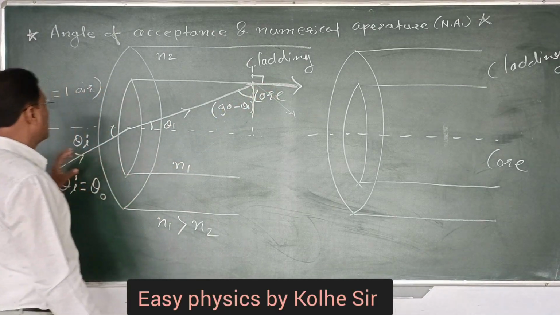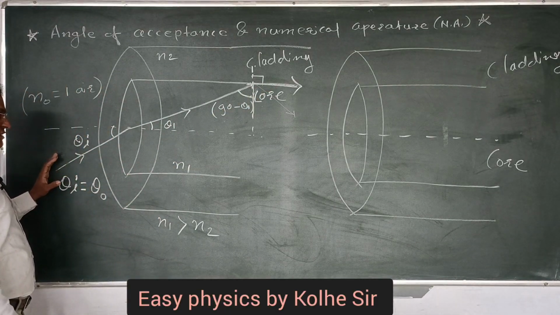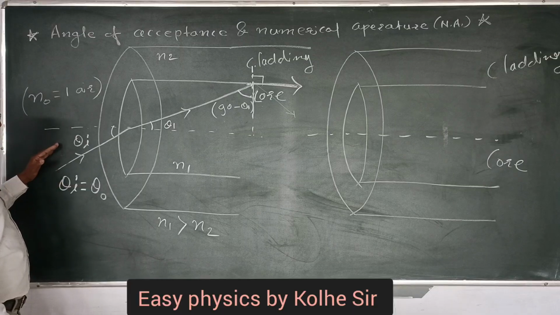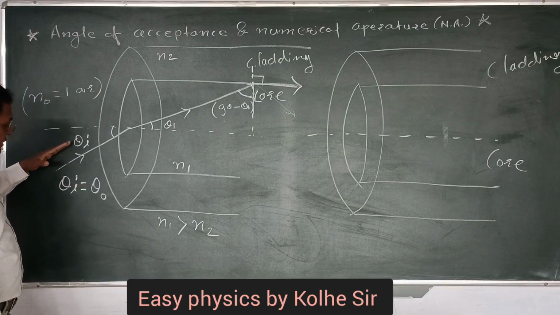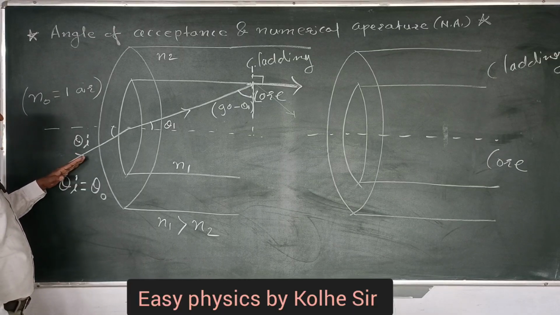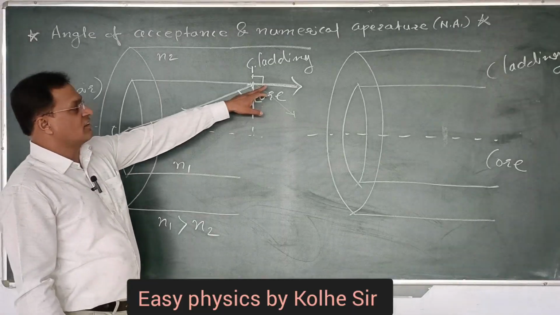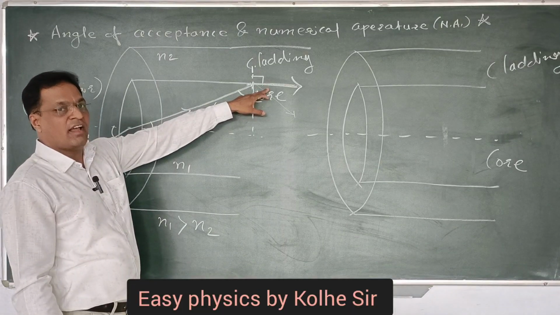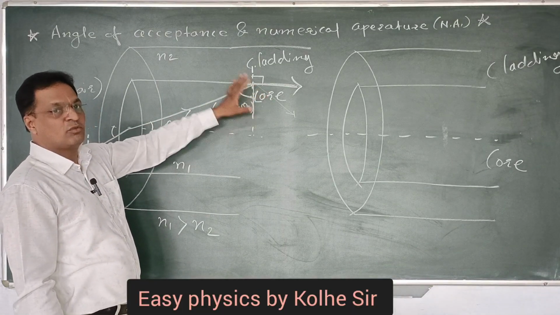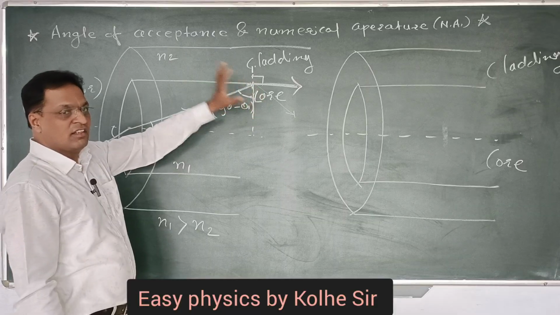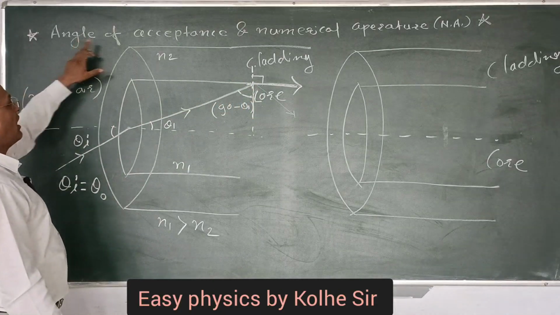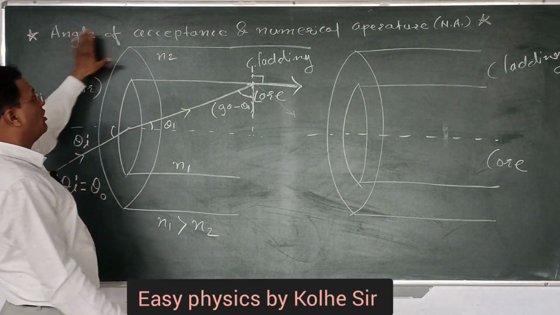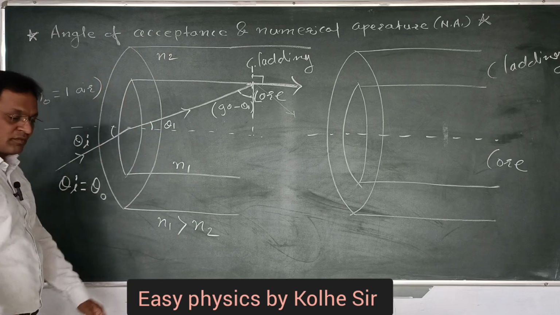So that's why we say angle of acceptance. Okay, it means that as we increase this incident angle, the refracted angle also changes and there is no possibility of total internal reflection. That's why we say acceptance, angle of acceptance.